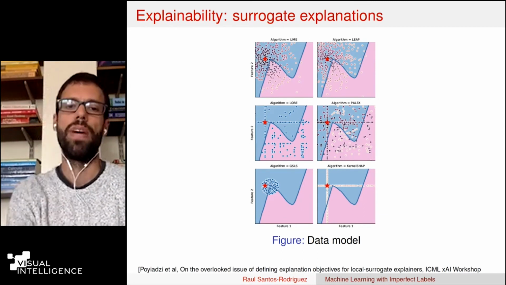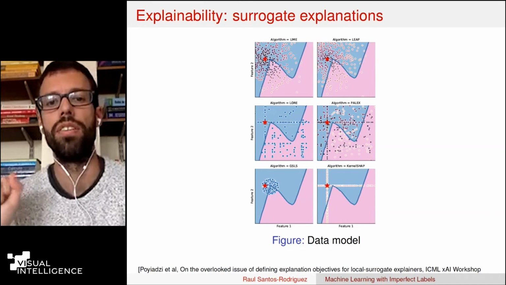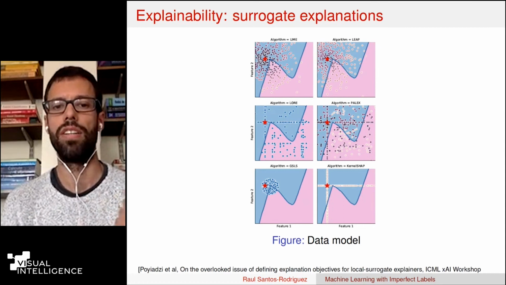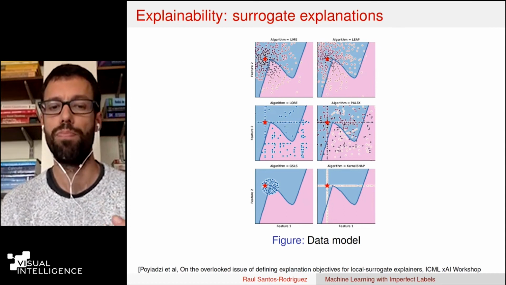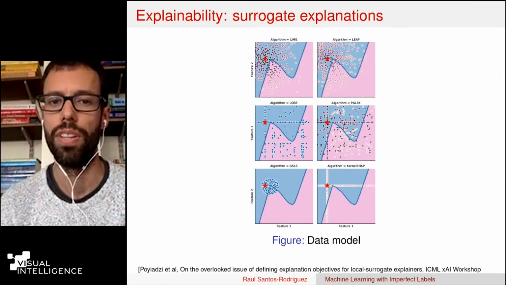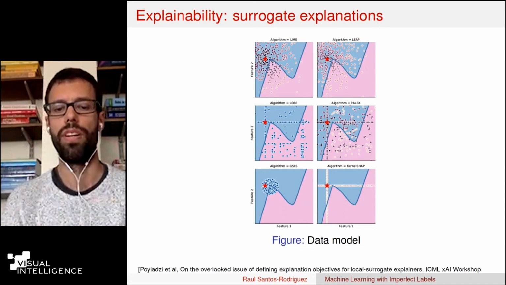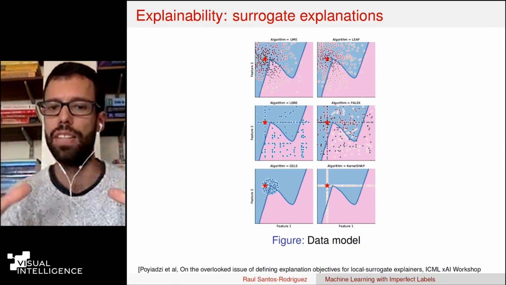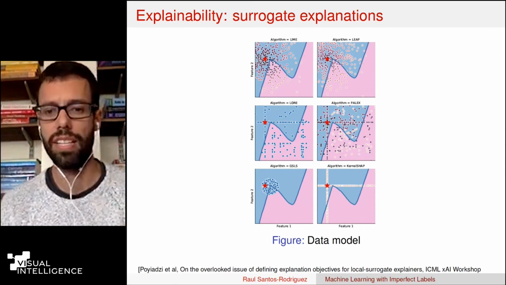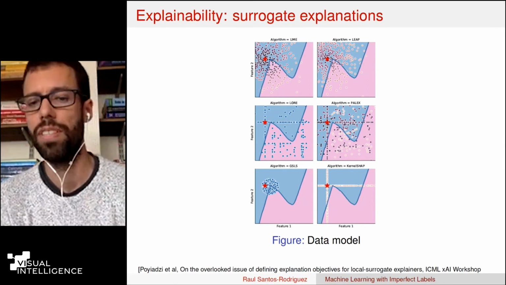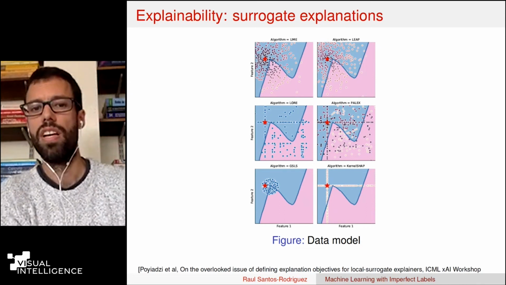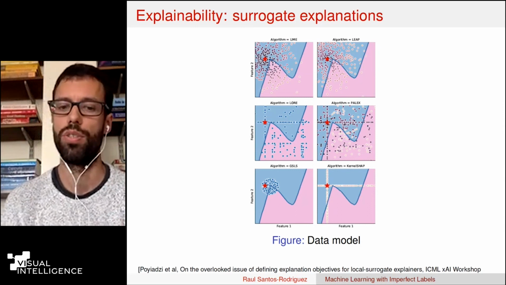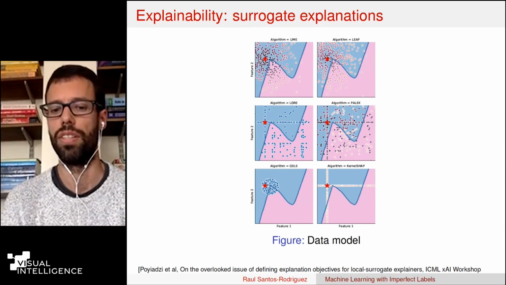So you'll see that there are many methods in the literature, and depending on, for instance, the type of local classifier that you use, depending on the type of perturbation that you consider, whether that's uniform, whether that's constrained within a small area or a bit larger, you get, like in this case, these 6 examples of different explainers producing very different approaches to what's an explanation.